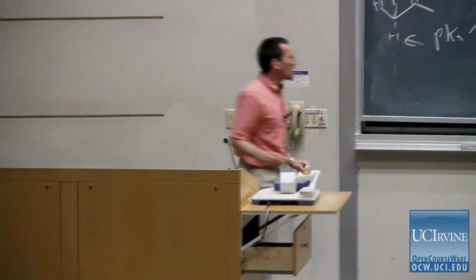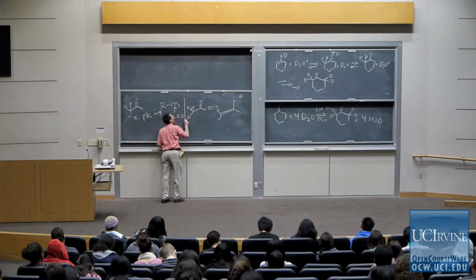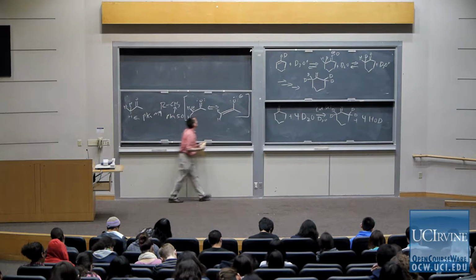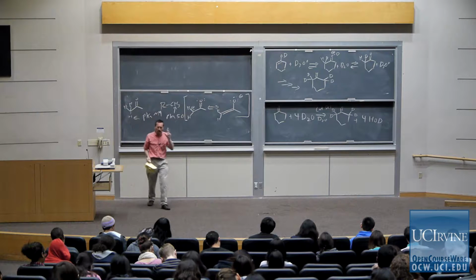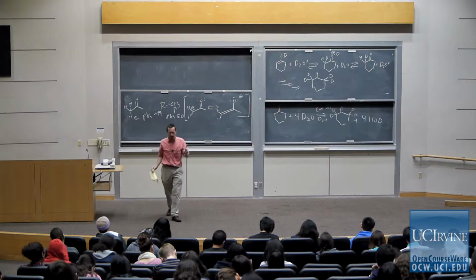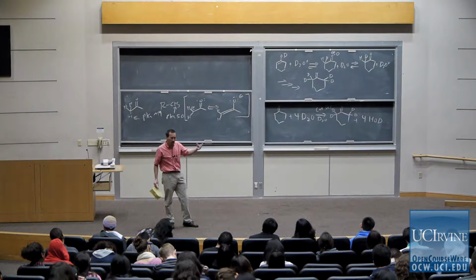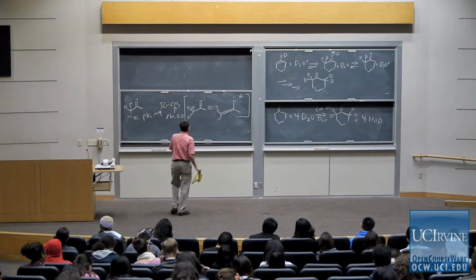And you can see how picturing these two resonance structures together, the structure on the left is really very inadequate to explain this stability. The structure on the right explains it beautifully.